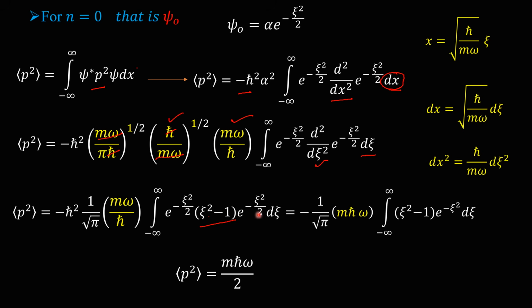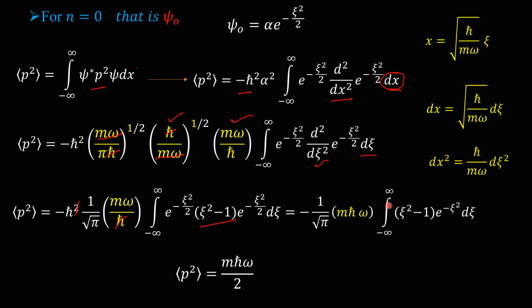Then this will become z squared minus 1 e power minus z squared, and you cancel some of the constants. Here h cross squared will get cancelled with this h cross. Then this will become minus 1 over square root of pi m omega, this h cross will come here, 1 over square root of pi m h cross omega.